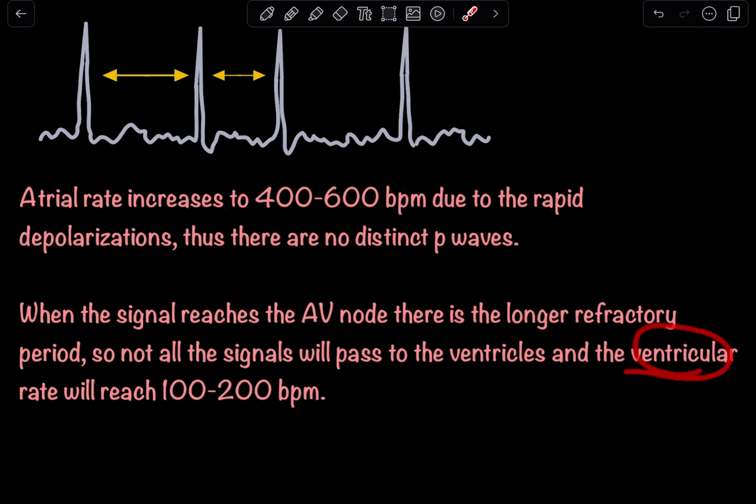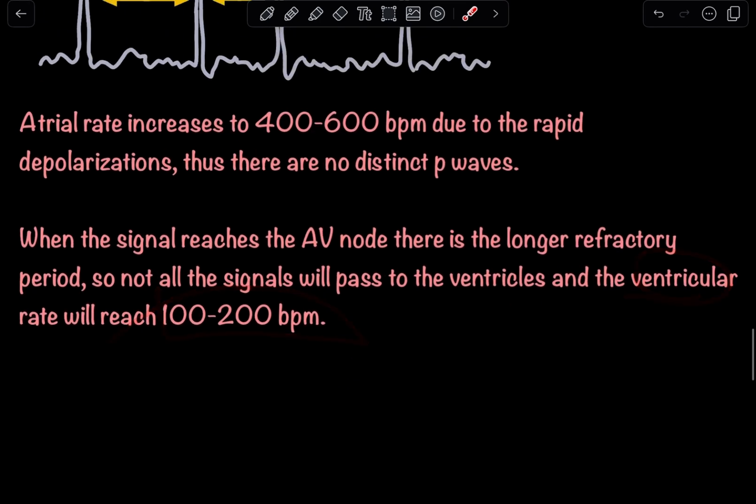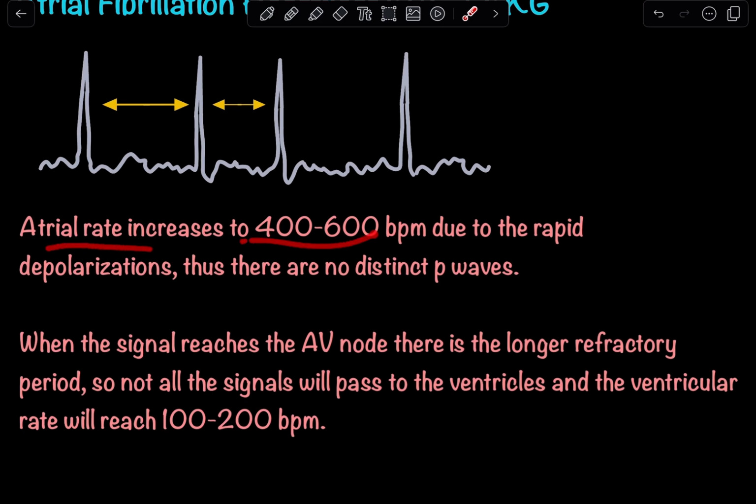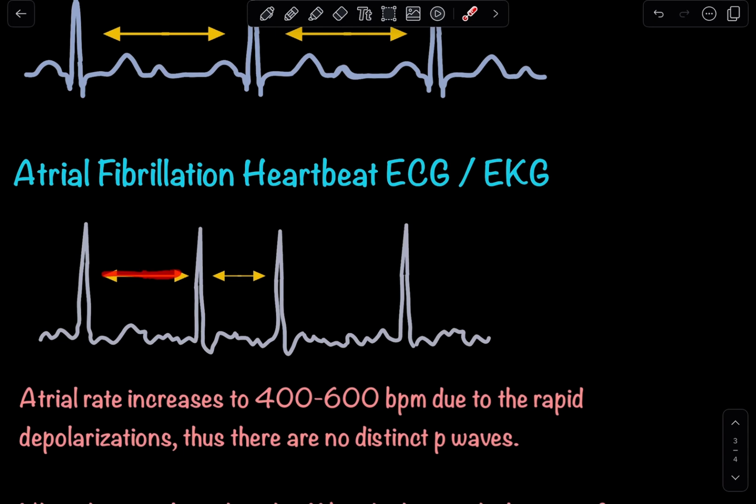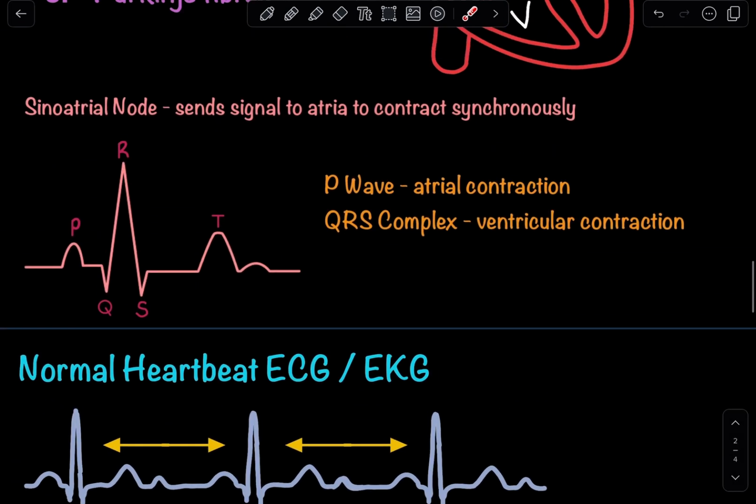The ventricular rate will increase to about 100 to 200 BPM, whereas the atrial rate is 400 to 600 BPM. So going back, we can see the irregular spacing, and we can see that there are no distinct P waves. Instead, we have a wave-like motion indicating that the atria are contracting irregularly. And those are two distinct features of atrial fibrillation in an EKG.